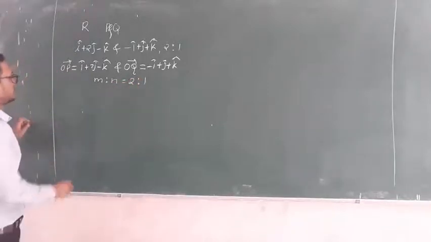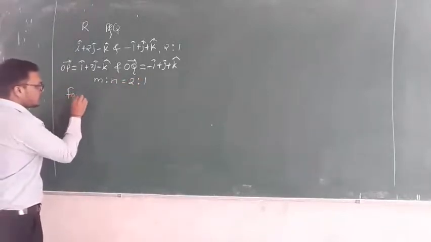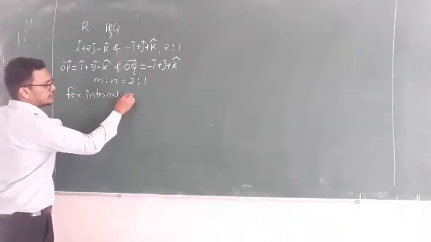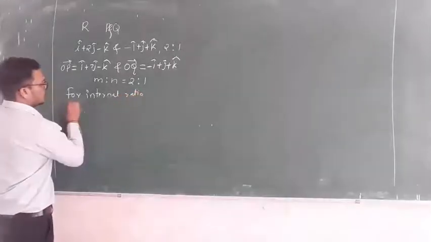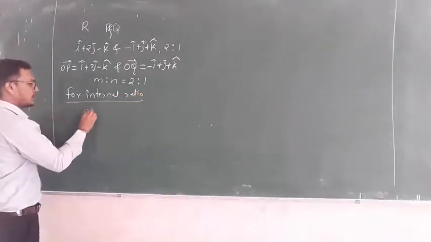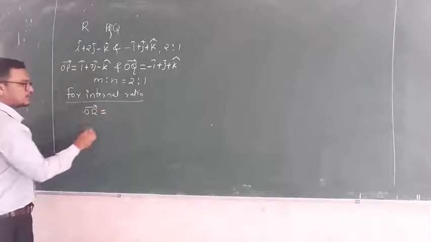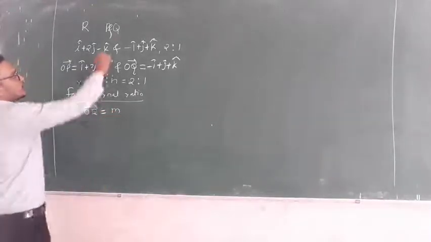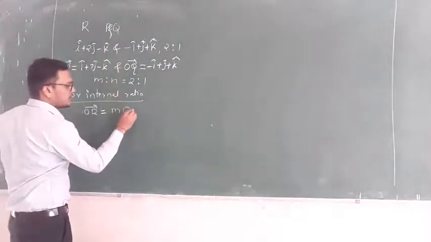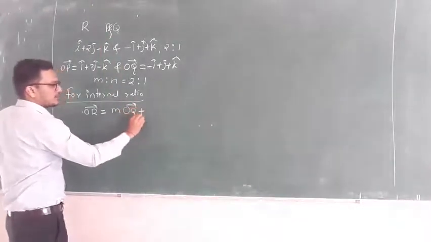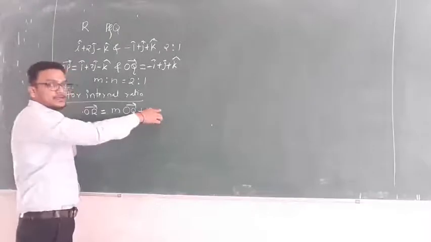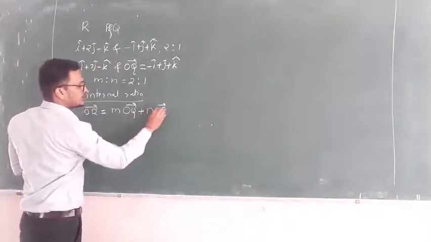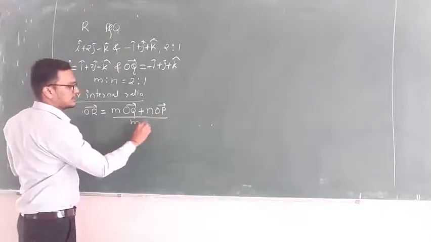Now for internal ratio, what is the formula? Vector OR is equal to M into vector B. B is the second point, so the second point is Q here. So its position vector is OQ plus N into vector A. A means the first point, that is P. Its position vector is OP divided by M plus N.